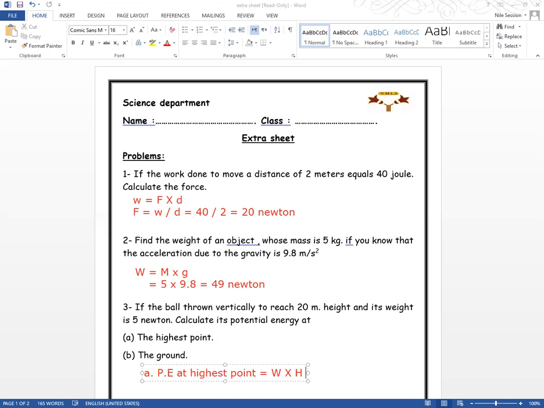So the potential energy equals weight 5 times height 20. So it's equal to 100 joule.